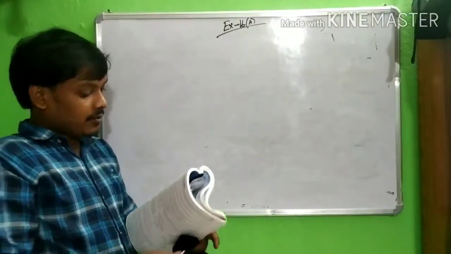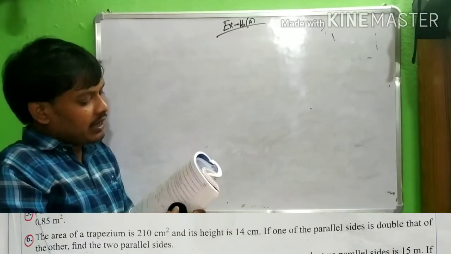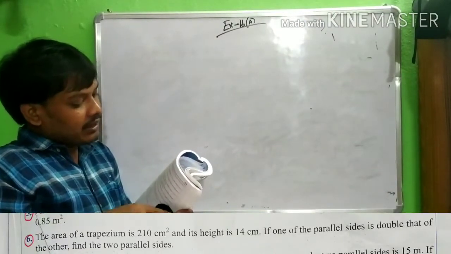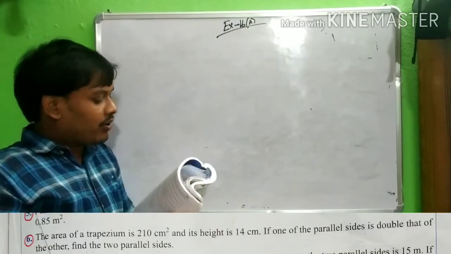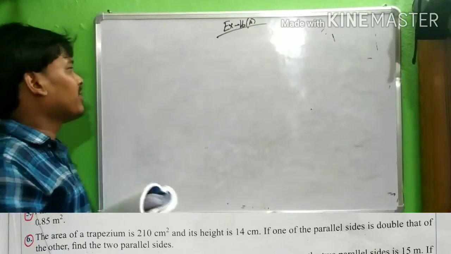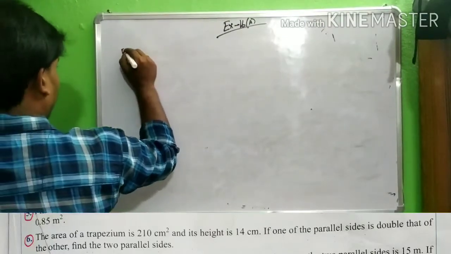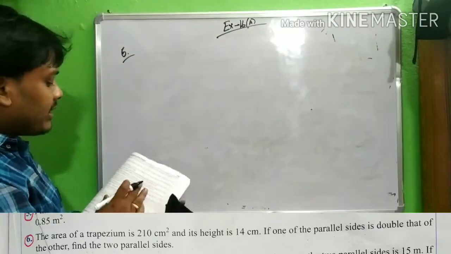Next, the area of a trapezium is 210 centimeter and height is 14 centimeter. If one of the parallel side is double of the other, find the two parallel sides. Very easy, number 6. So what is the question?